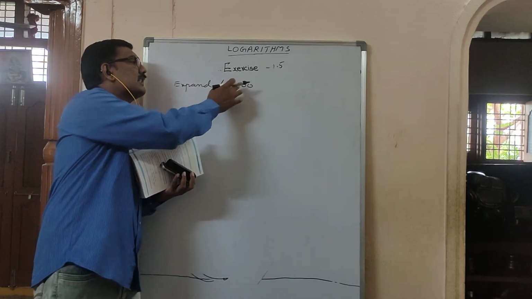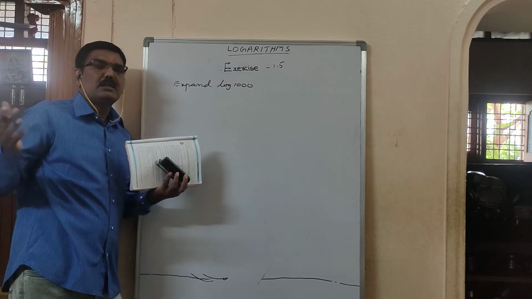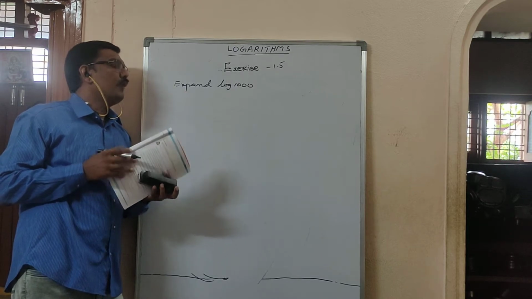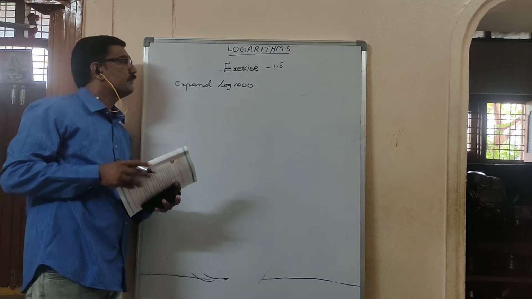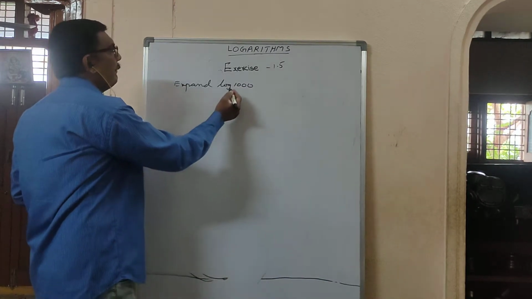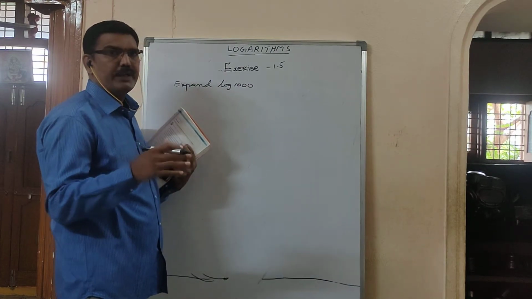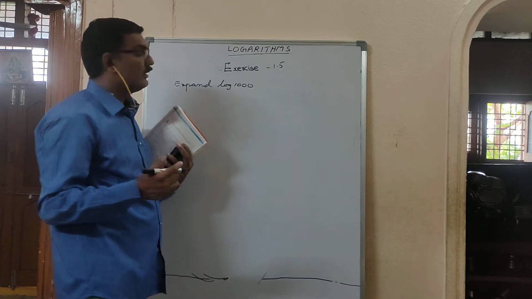It is like a single logarithm, you have to express as multiple logarithms, or you have to expand this one. How you can expand this value, we will see. So here, the base they did not give. If the base is not given, we can write this as base 10.